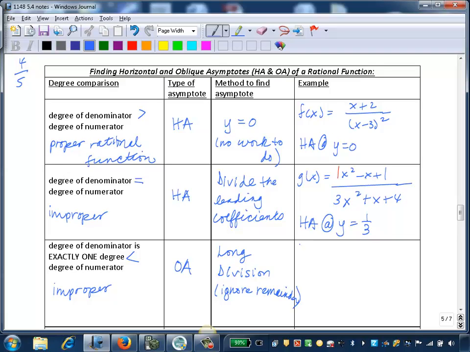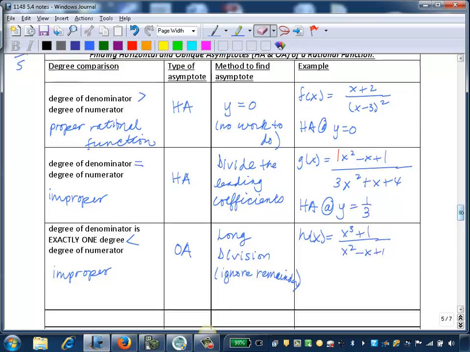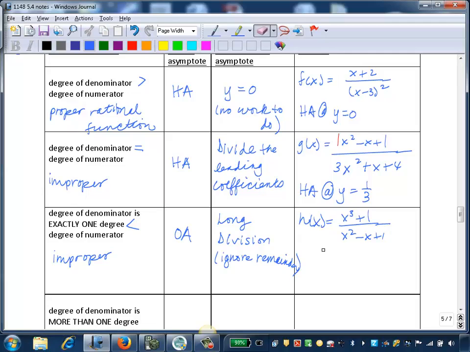So for instance, if we're given a function h of x equals x cubed plus 1 over x squared minus x plus 1. So we look at the degree of the denominator. It's exactly 1 degree less than the numerator. Denominator's degree 2, numerator's degree 3. So we know we're going to have an oblique asymptote, and in order to determine it, we would perform long division.